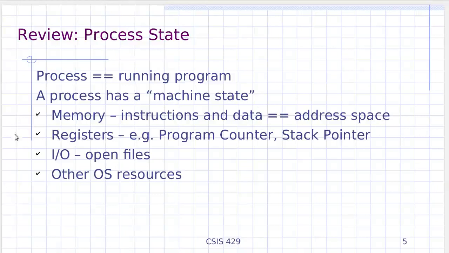In addition, it has registers in the CPU, for example, the program counter and stack pointer, and typically there are a ton more registers. These are the two important ones that we have to keep track of. And then each process has a list of files that it has open at any given time, and other resources that we'll see more of later.